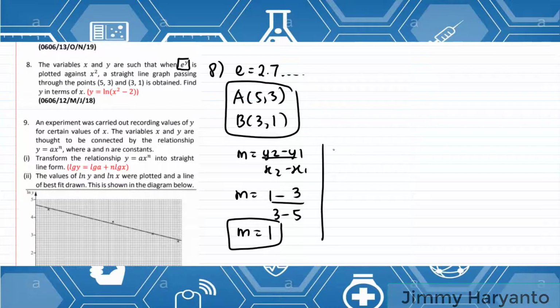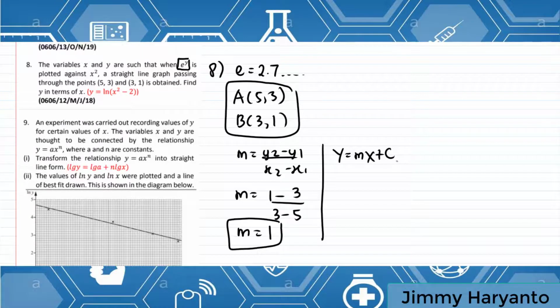And then we have to find the c, y equals mx plus c. As you can see from number 1 till number 8, the steps are very similar for each question. So if you do this exercise alone and master it well, I think your test will be good.